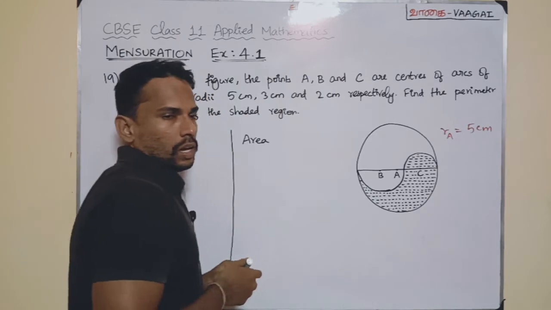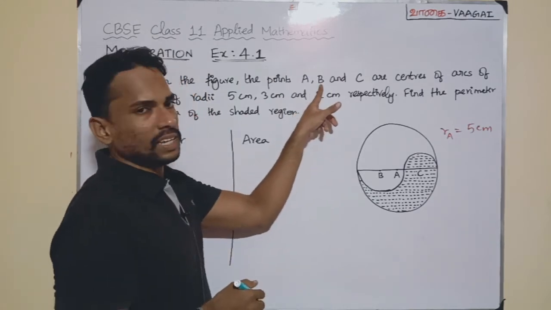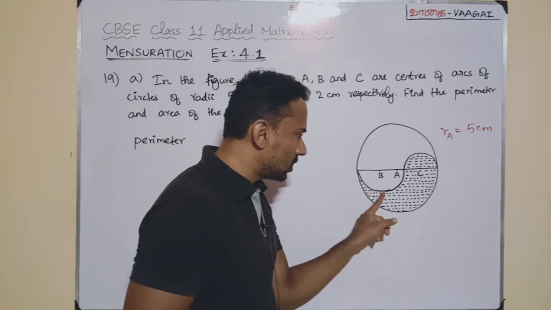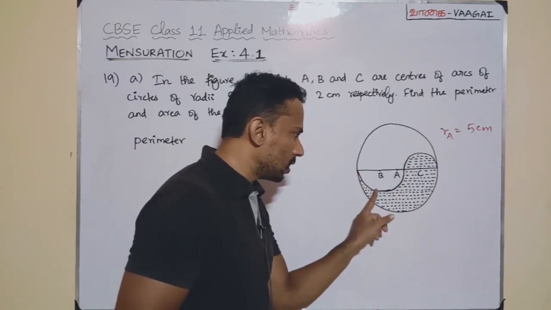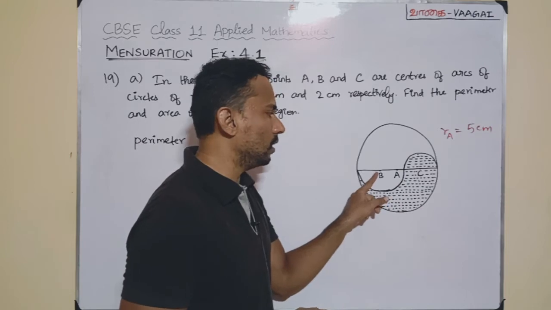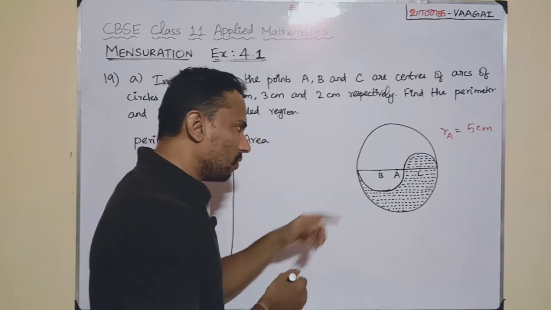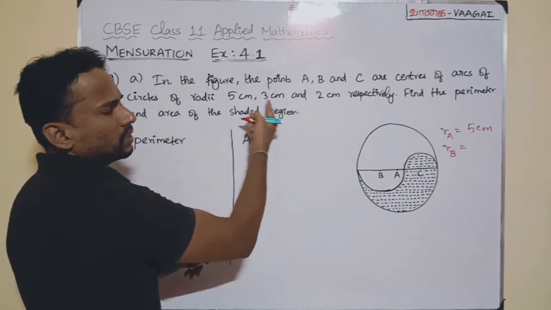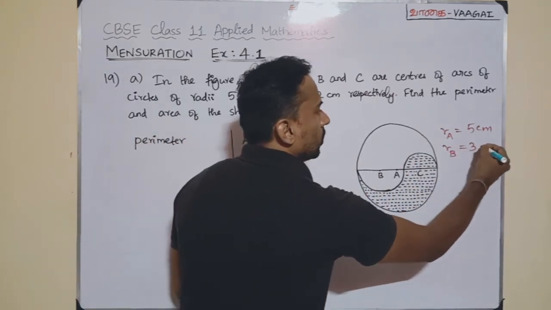Now next is by keeping B as center, we have another circle. So B as center, we have this circle drawn, which means this semicircle portion corresponds to this center B. And we will take the radius of that circle as RB. And that is given to be what? RB is 3 centimeter. Okay, so we'll note it here 3 cm.